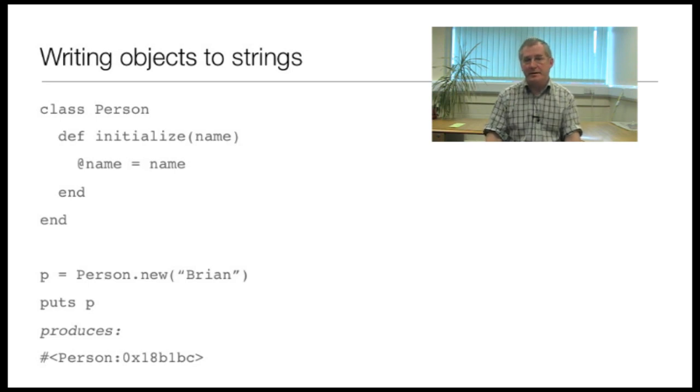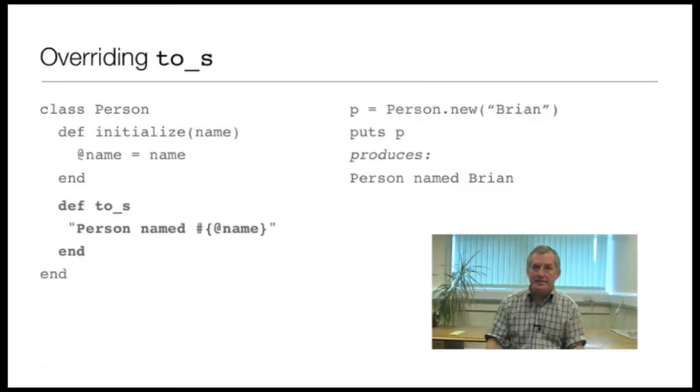So we've got something which is not terribly helpful, but we can of course override that, which is what we'll do now. So in this particular case, we now just write something which is a little bit of gloss on the contents or the state of a person. The state or instance variable is just name.